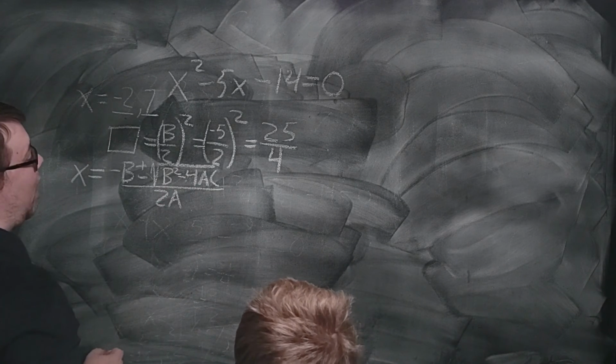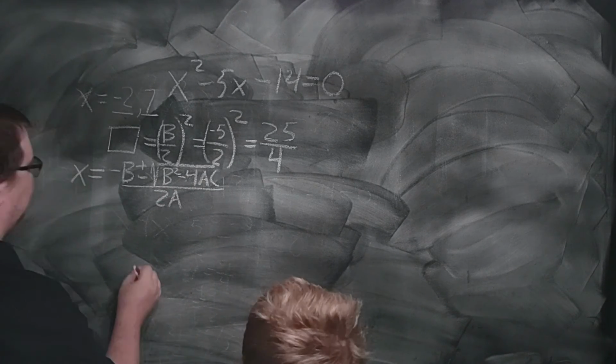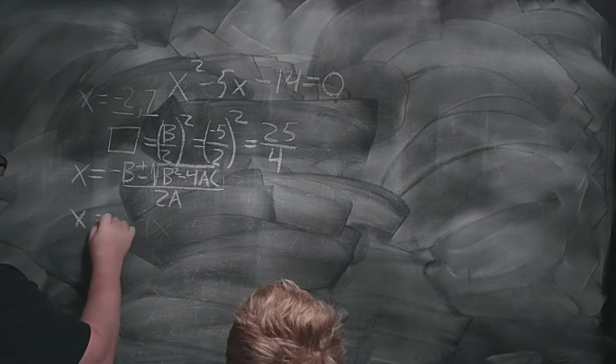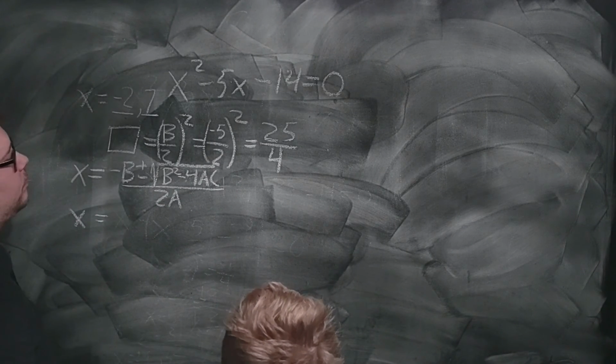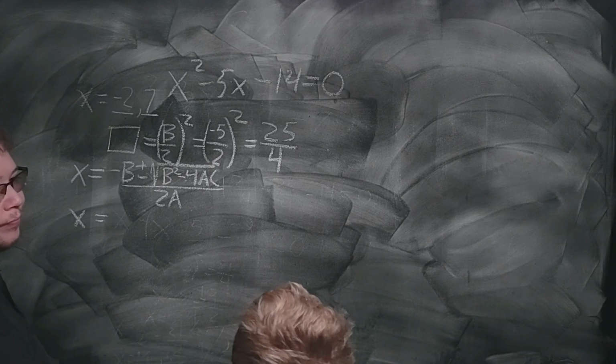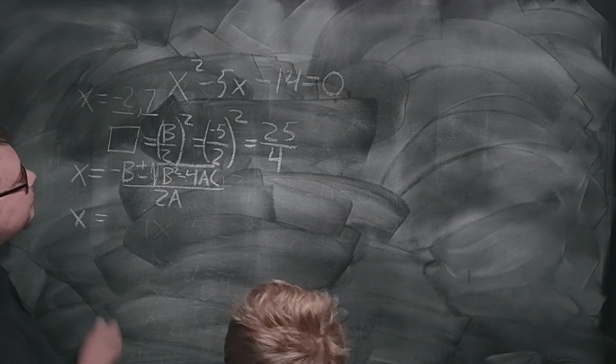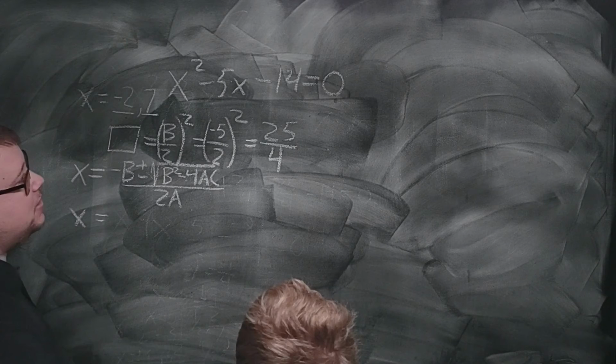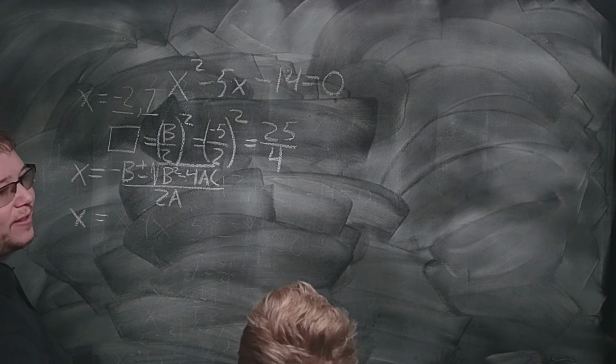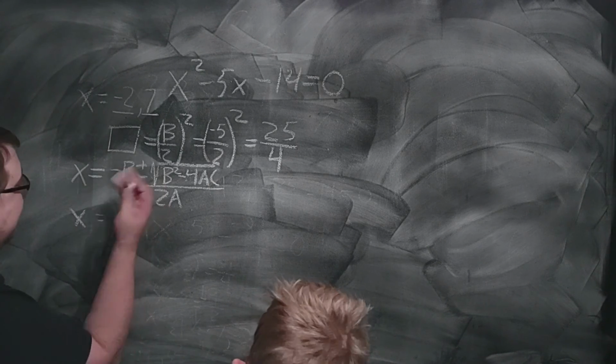Nice! Okay, what's a, b, and c? a is 1. What's b? b is negative 5. And what's c? c is negative 14.